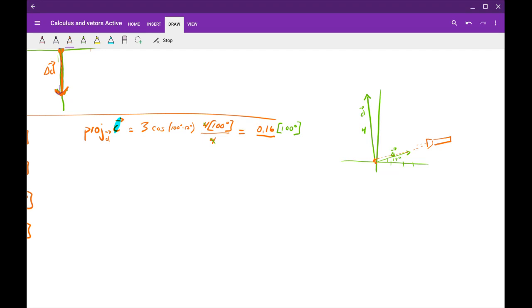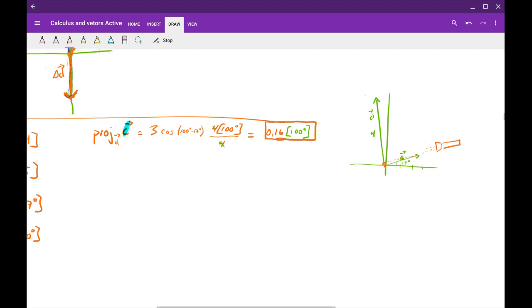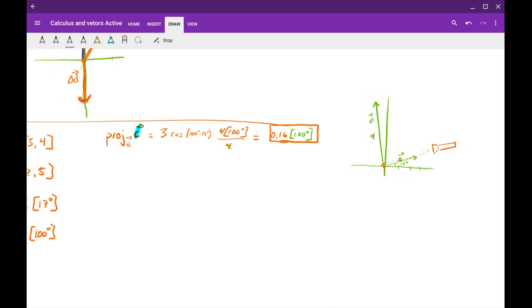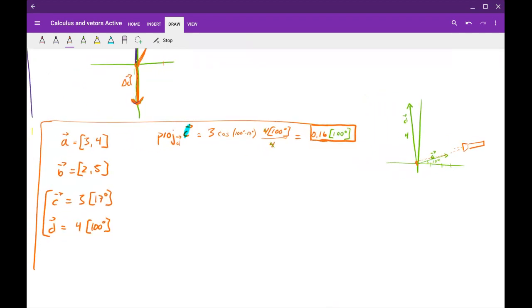Well, it's at 100 degrees, because D is at 100 degrees. And so when you project a vector C onto the vector D, the resulting projection is in the direction of D. So notice it maintained the direction of D. And then all of the rest of this stuff in here produced the 0.16, which is sort of the amount of C that is projected onto D. All right? That's the vector projection.